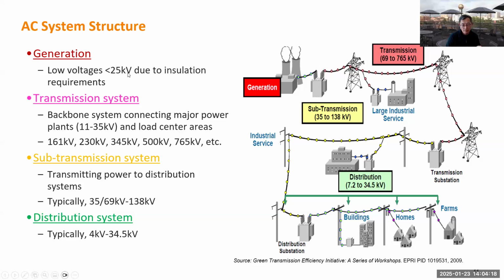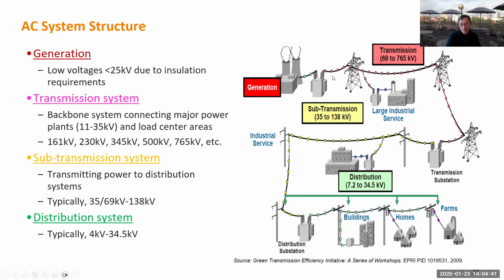It's 23 kV, which is lower than the transmission voltage level, because for the generators, in order to maintain low cost of manufacturing and maintenance, we don't want to increase the installation cost. So it's better to operate at a voltage much lower than the transmission voltage. Usually it's lower than 25 kV.